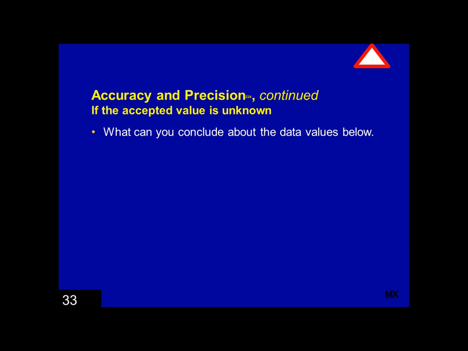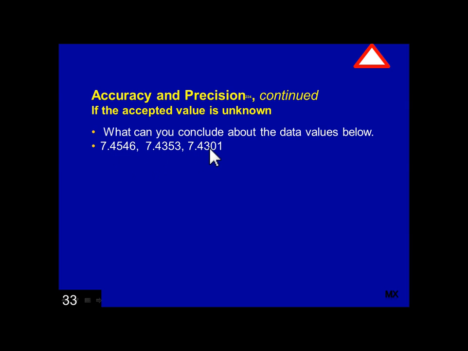Okay, how about this example? The accepted value is unknown. What can you conclude about these numbers? 7.4546, 7.4353, 7.4301. Comparing that to the triple beam balance, you would expect the first decimal to be the same, and it is, and the next one to be the same, and it's not. This is a 5, that's a 3.